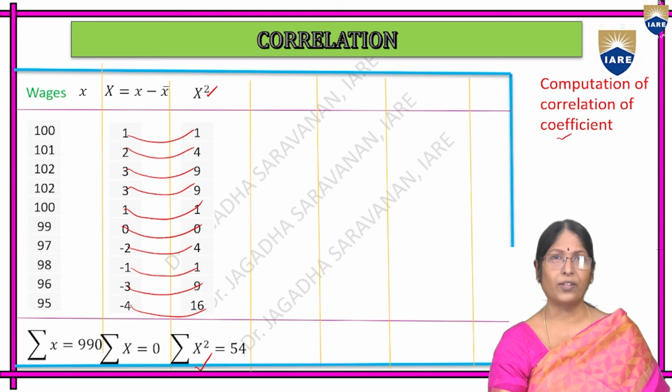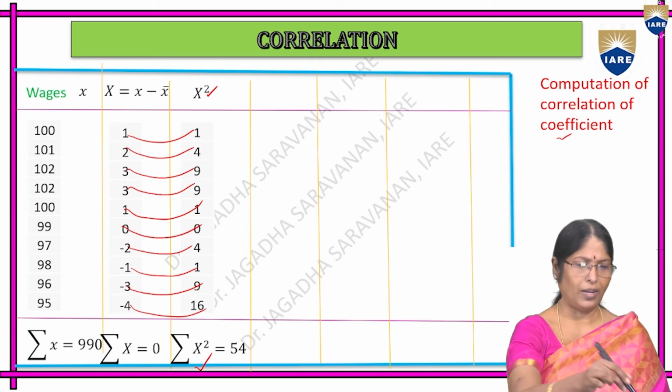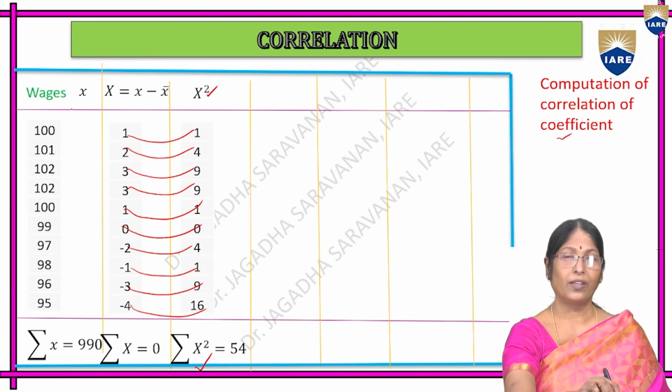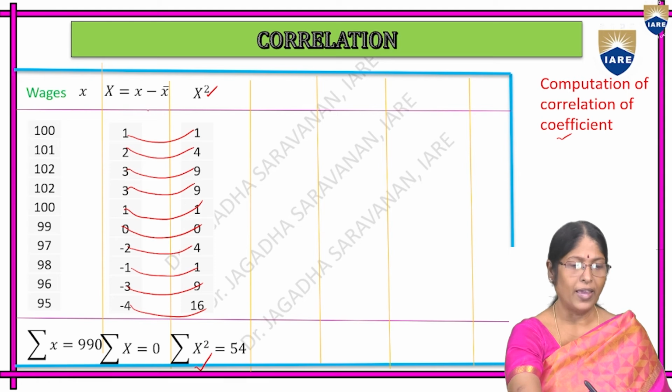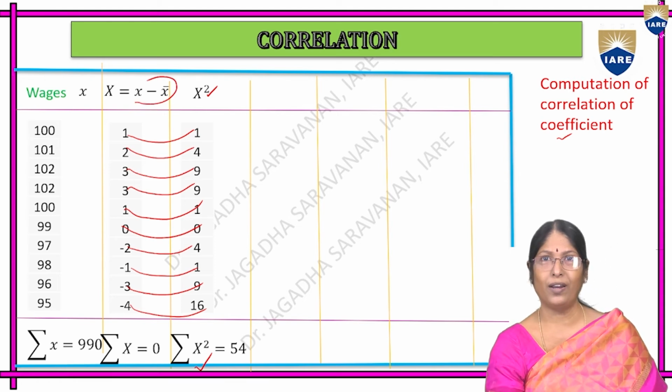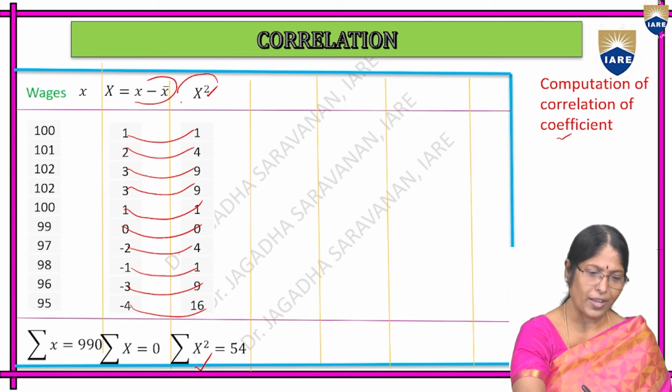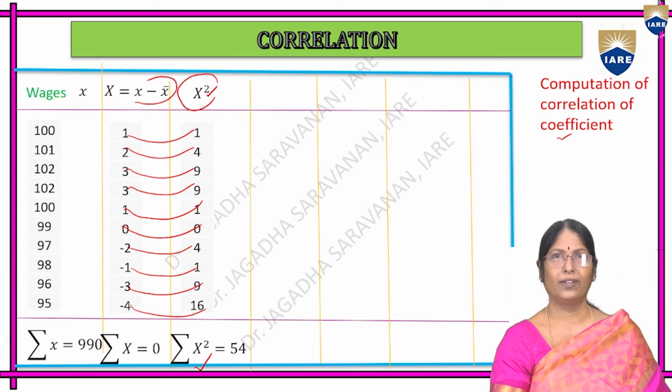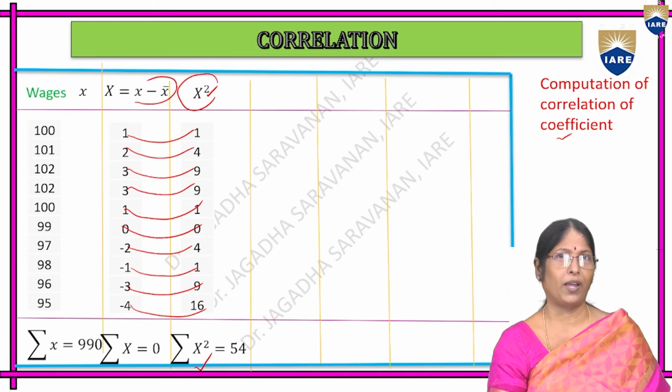Wages is our given question, where we assumed a small x and defined capital X as x minus x bar, and we found capital X square. The treatment of the variable x is complete. Let us move to cost of living.